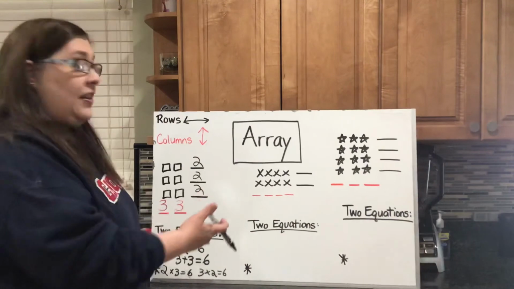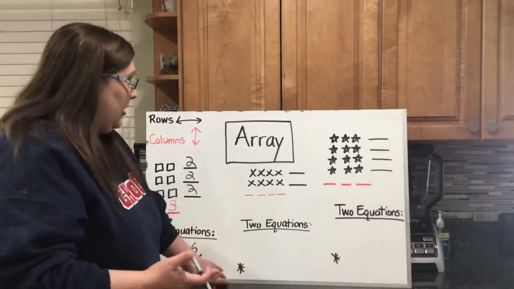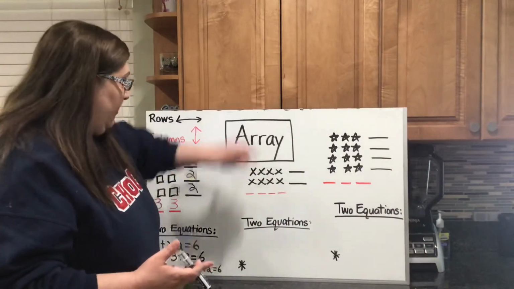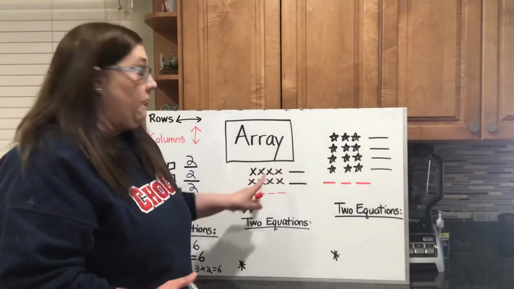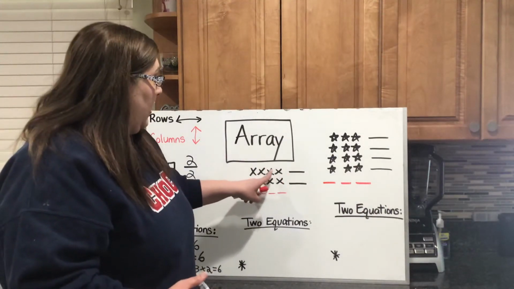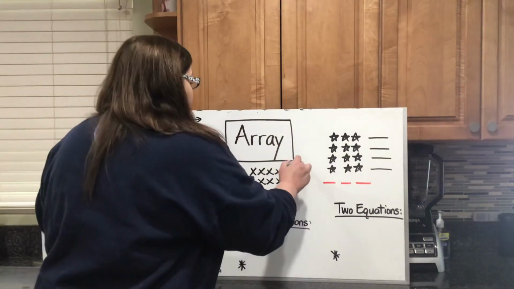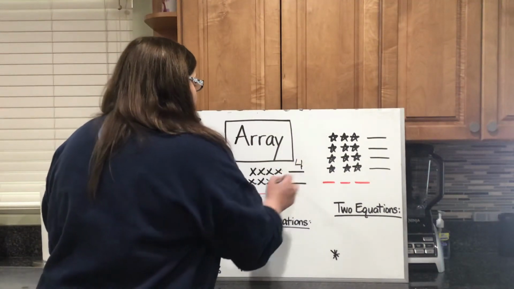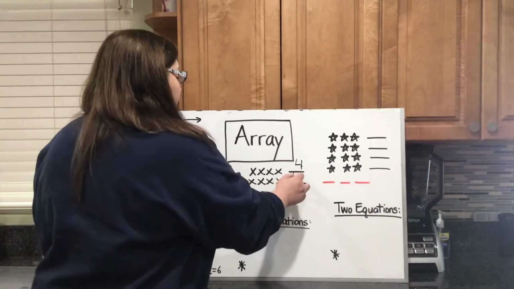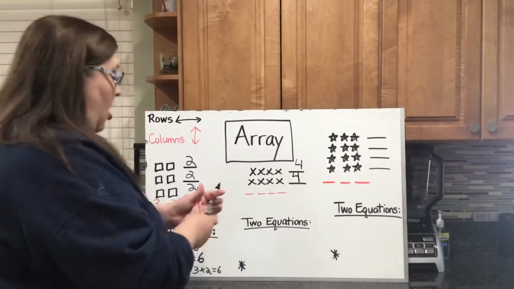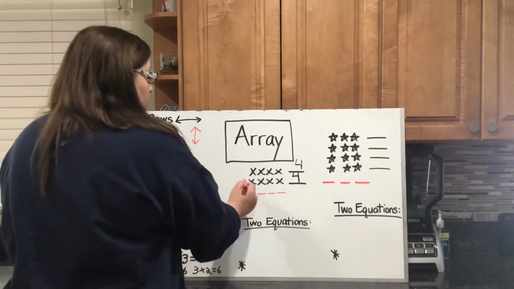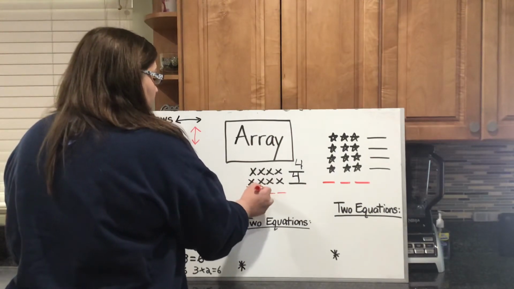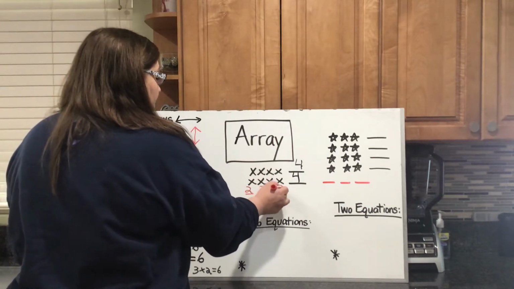Let's look at the second array. This is an array I made with x's. My board is not behaving here today. Okay, look at the x's. How many are in each row? 1, 2, 3, 4. So we've got 4 in this row, and we've got 1, 2, 3, 4 in this row. How many do we have in the columns going up and down? 2. 1, 2. 2 and 2.